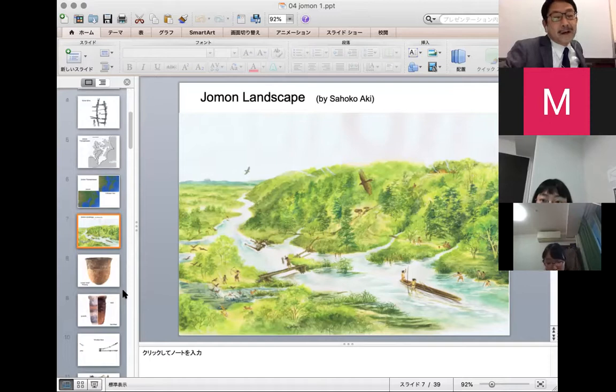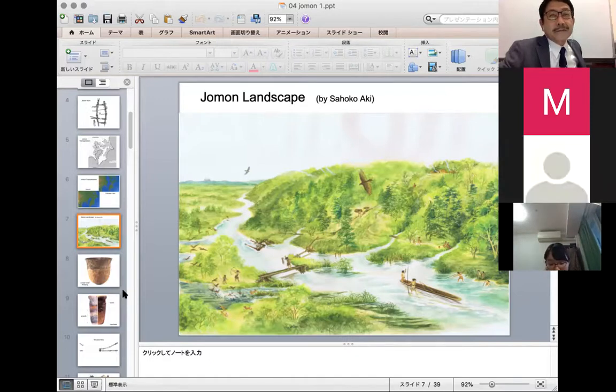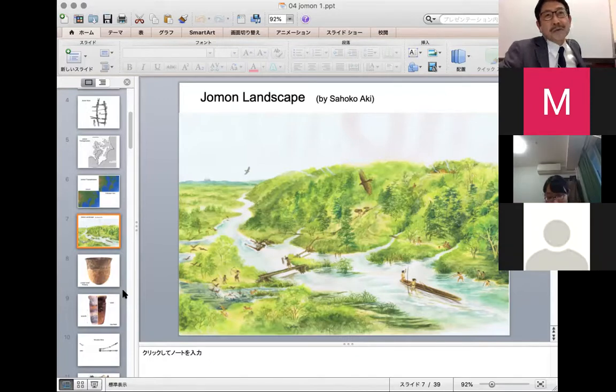All the big grass-eating mammals like elephants and huge deer were already extinct. What they had were middle-sized, normal-sized boar and deer, and smaller ones like rabbits and all kinds of smaller animals around. And they flourished also thanks to this environmental change.